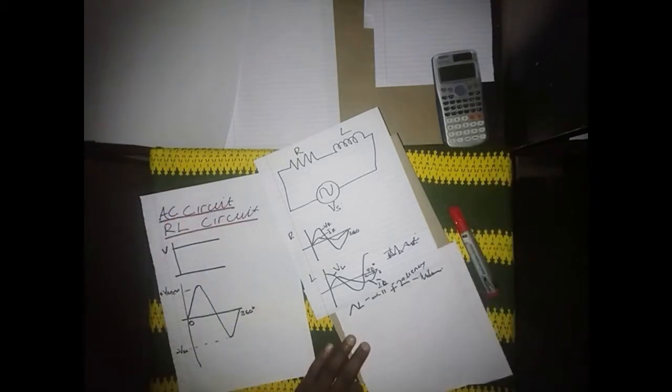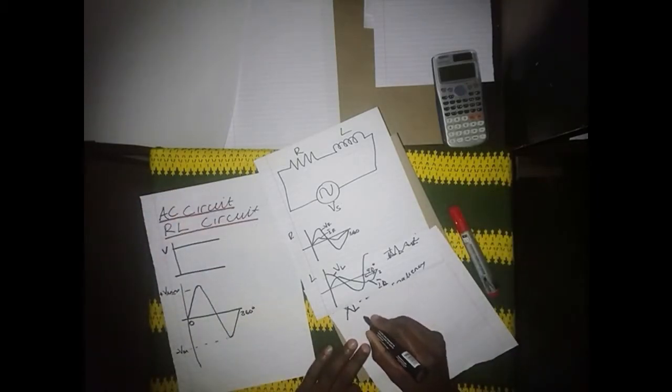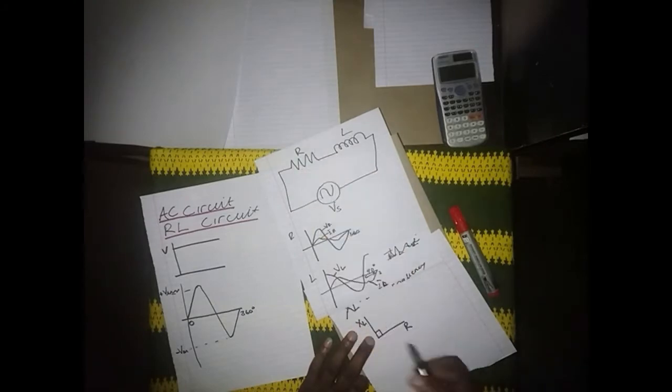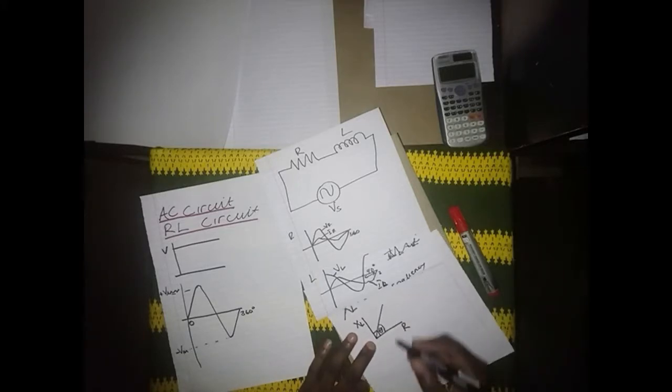If we put this in a sketch, the reactance of the inductor XL is 90 degrees ahead of the value of the resistor. So right here, at a certain angle, that's where we get our impedance, and our impedance is noted with the letter Z.